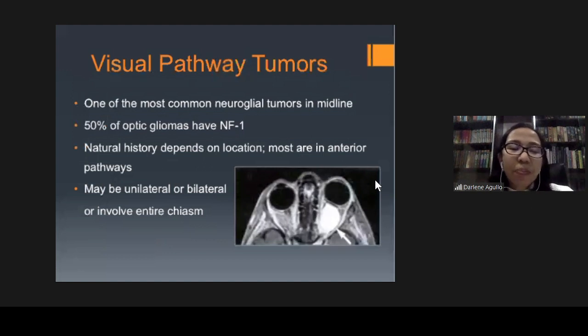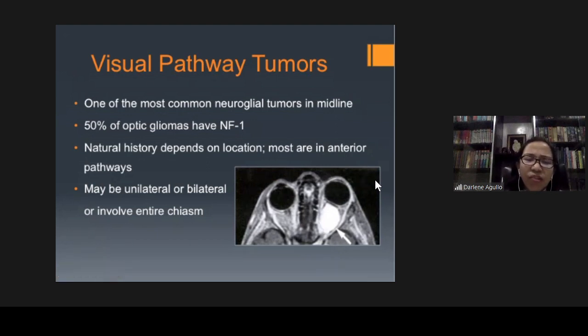So visual pathway tumors. This is one of the most common neuroglial tumors in midline, so left. By the way, para hindi kayo malito, no, yung ating imaging studies, to your right is the left side of the patient. So para hindi kayo malito, imagine niyo nakahiga yung pasyente, nasa paanan kayo. Okay, so this is a glioma, an optic glioma.